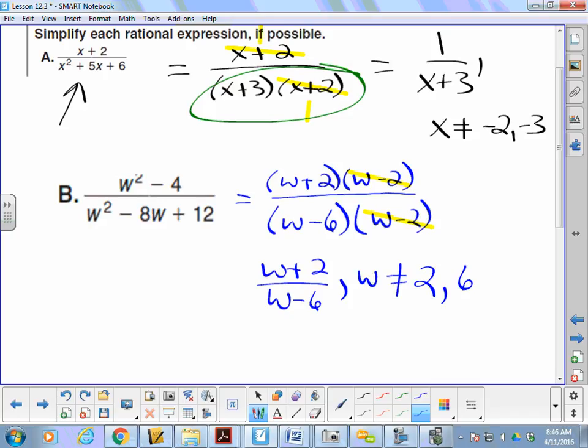Now let's graph this one and check our answer. Go to your y equals. Put the original in y1, using x's instead of w's, of course.